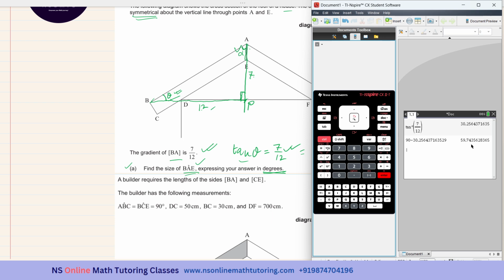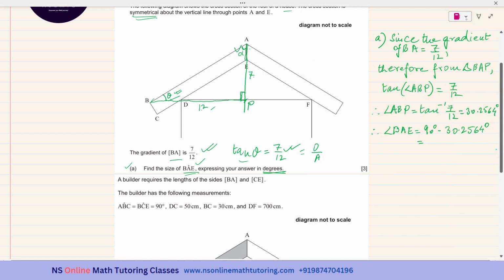Let me take some more digits because maybe I will require this angle for part B. So I am writing 59.74356 degrees. Now we give the final answer.